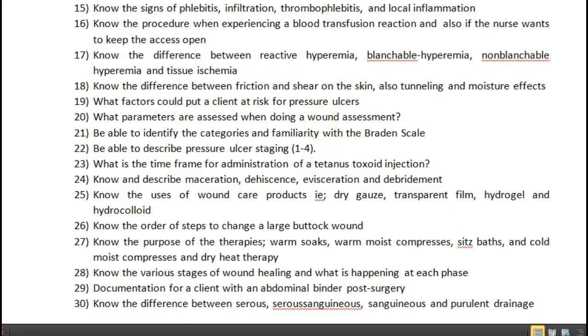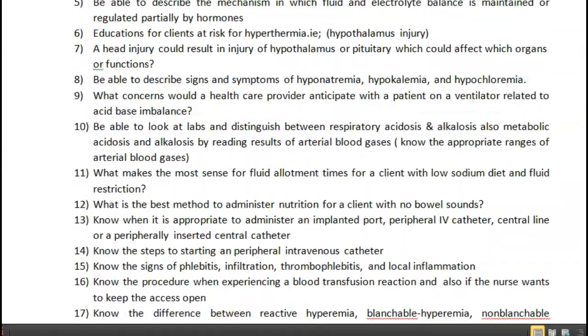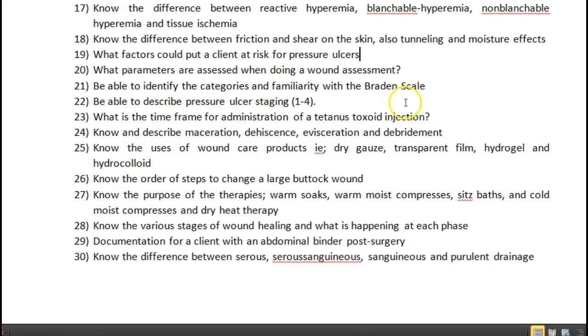Question number 19. There are a lot of risk factors that can put a client at risk for pressure ulcer. It could be poor nutrition, especially if a person has low protein, that's like a main one.